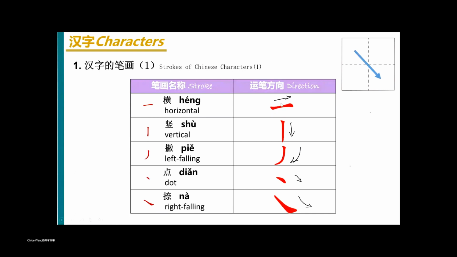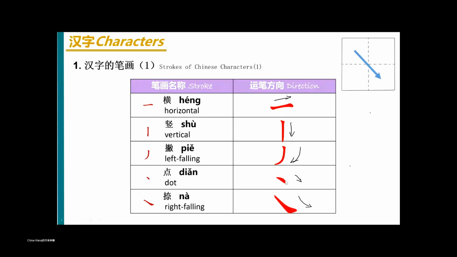So only from left to right. And the same for 竖. There's no problem of left to right direction, but only from the top to the bottom. And for 撇, generally it's from left to right, but for this 撇, because there's no right part of it, also only from the top to the bottom, like this.